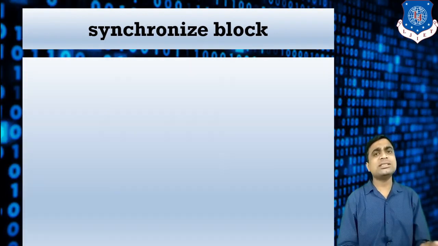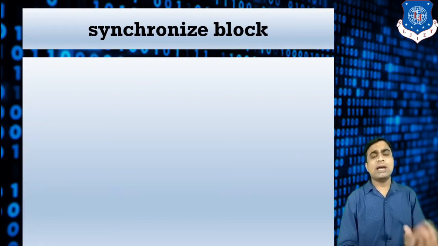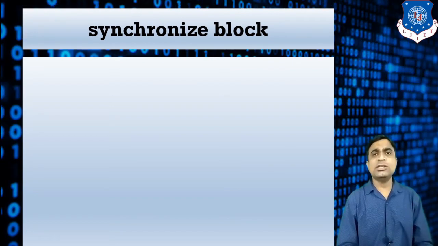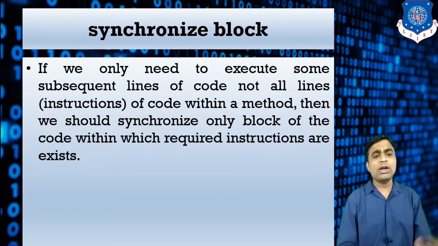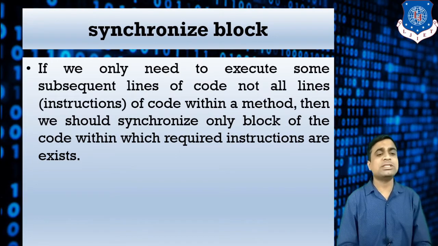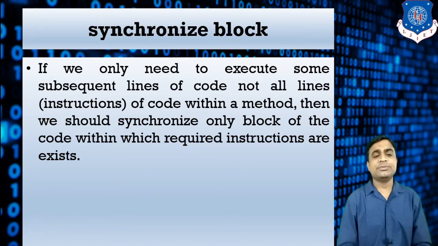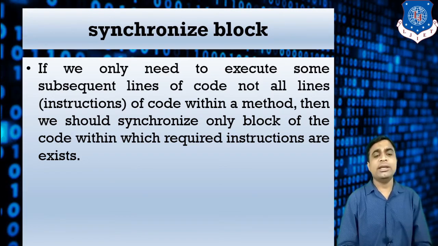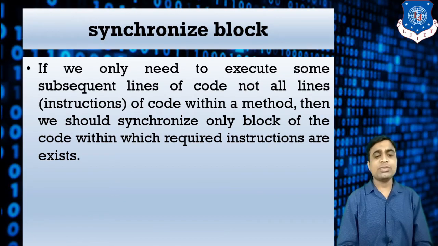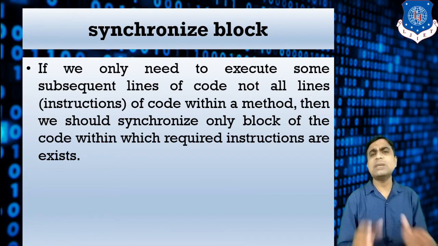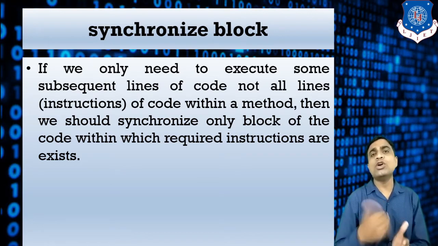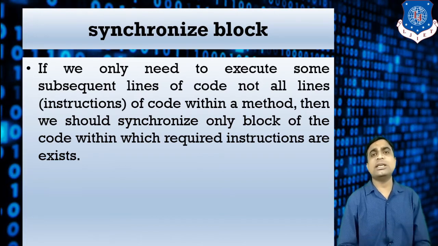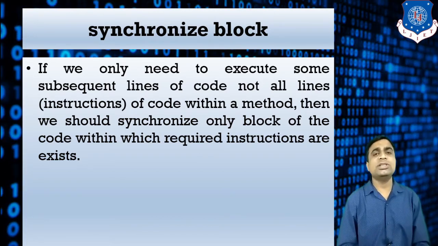Synchronized method and synchronized block are mostly used for the same purpose, but with a synchronized block, if we only need to execute some subsequent lines of code, not all the lines within a method, then we should synchronize only a block of the code. If you want to execute only some of the statements, not all the lines as in a synchronized method, then you need to use a synchronized block.